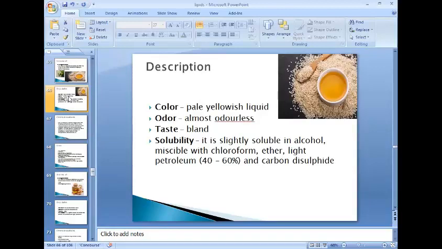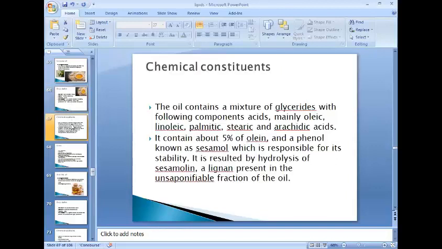It is slightly soluble in alcohol and it is miscible with chloroform, ether, light petroleum and carbon disulfide. It has a mixture of glyceride with the component acid include oleic, linoleic, which are unsaturated fatty acid, and the saturated one palmitic, stearic, and arachidic acid.